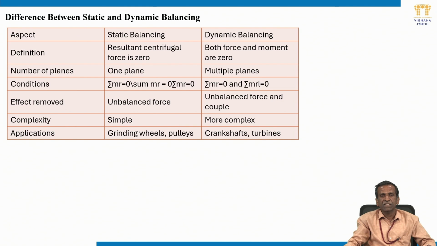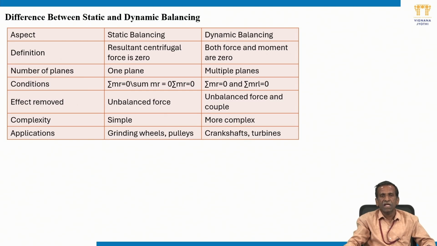The conditions are these, we know that. Then we need to remove the unbalanced force by incorporating a mass equivalent to that in the opposite direction. Similarly, for unbalanced couple in dynamic balancing, we will see how we can do that.